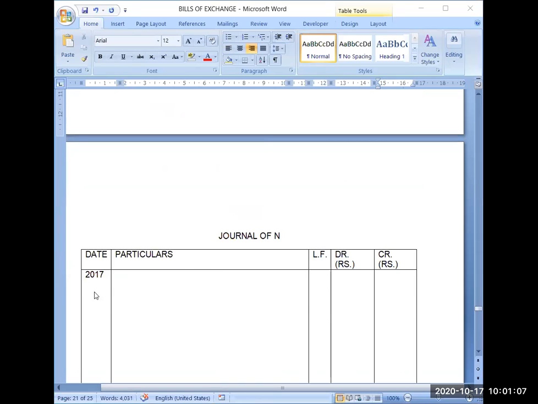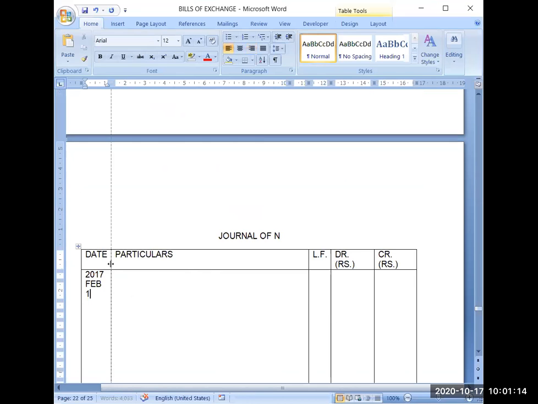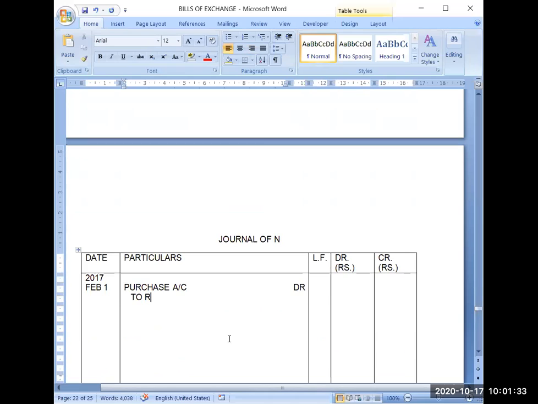So on Feb 1, purchase account debit to R, and the amount is 25,000.